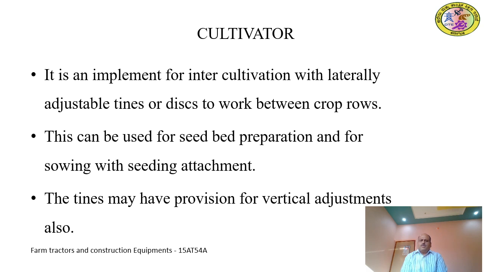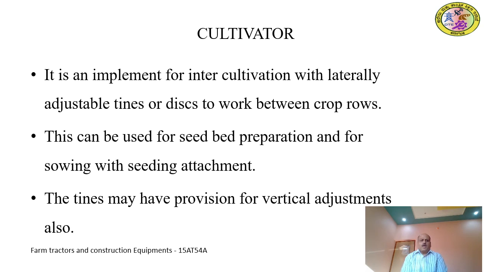So it is an implement for intercultivation. Already we have studied that intercultivation is nothing but this: along with the crop, unwanted weeds and grass will grow with the crop. At that time, it is dangerous and also poisonous to that crop.